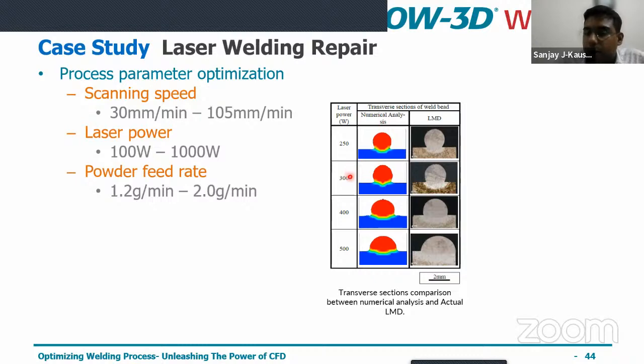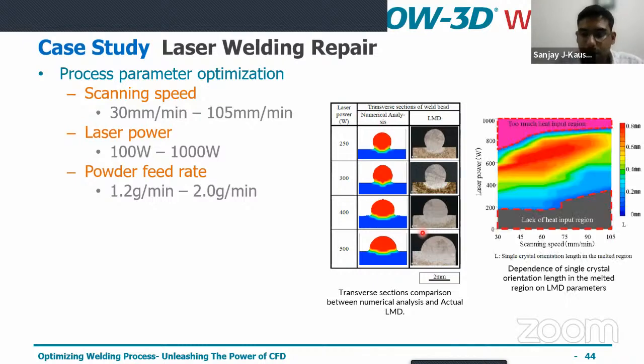But at 300, we can see a bit of development, but it still needs to penetrate. And when you increase the power of the laser, let's say 400, 500 and so on, you can see the crystal forming at a very good rate, as we require it.